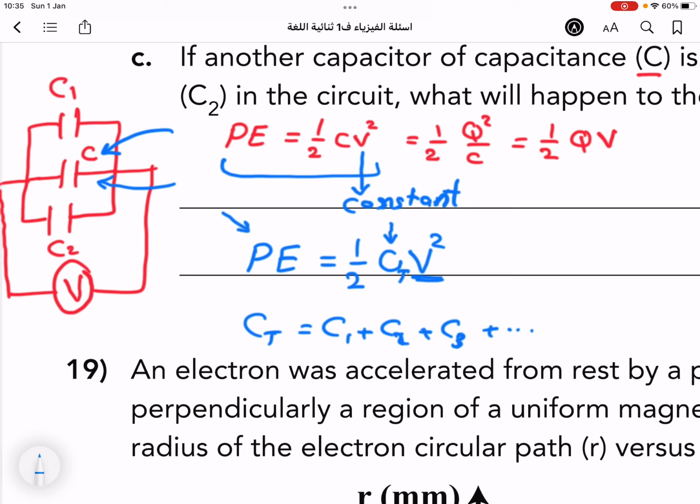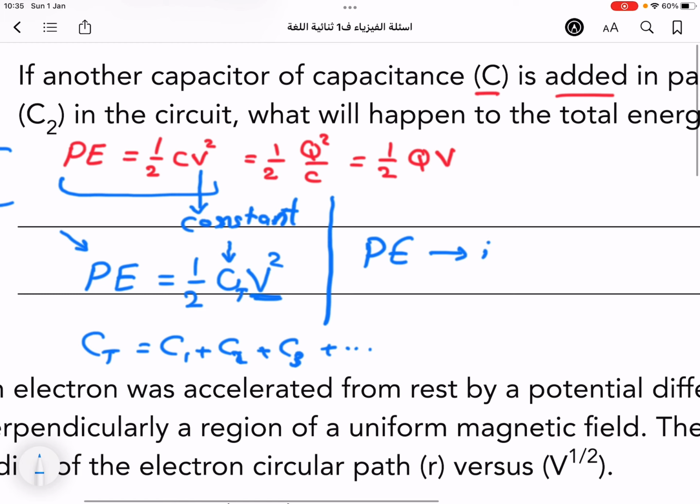That means the total energy stored, PE, will increase. This is the final answer.